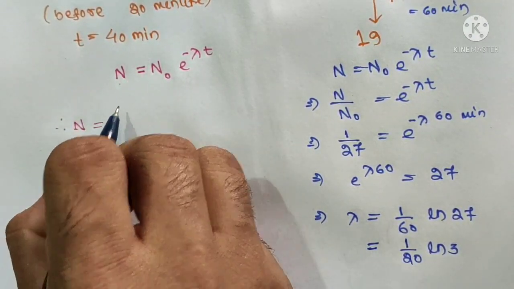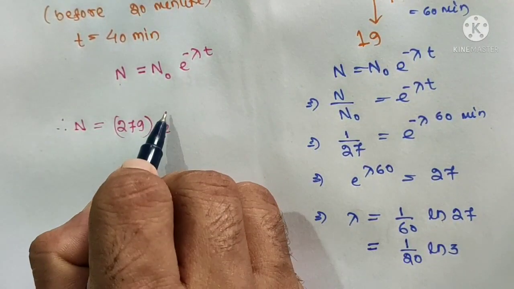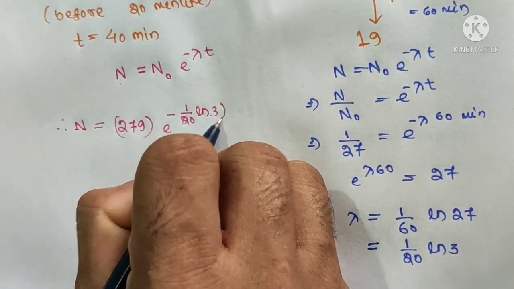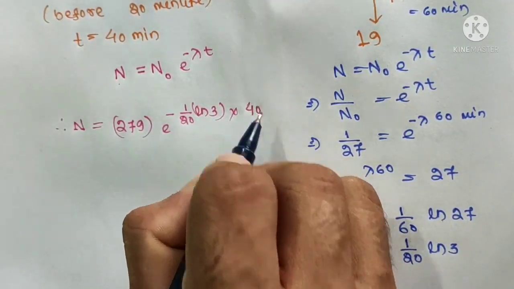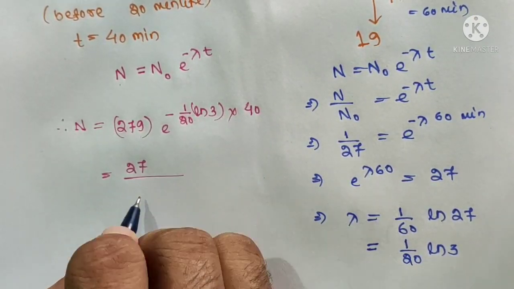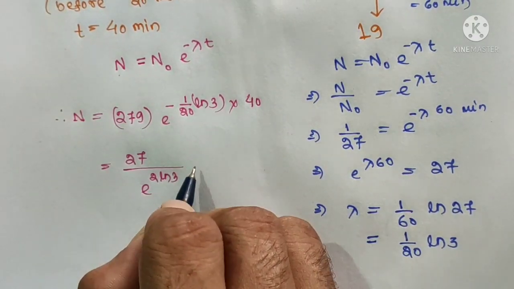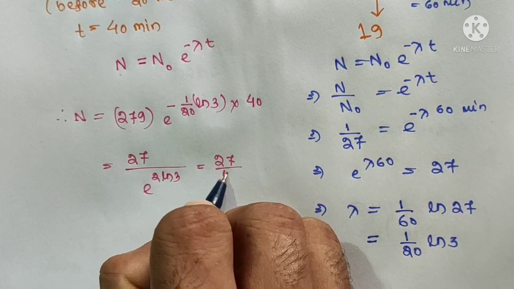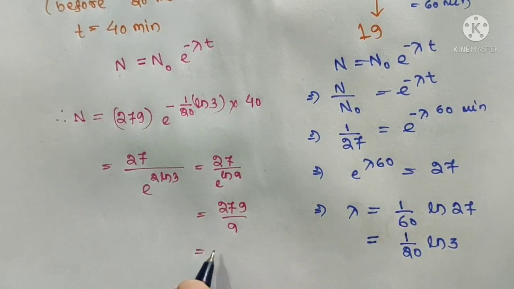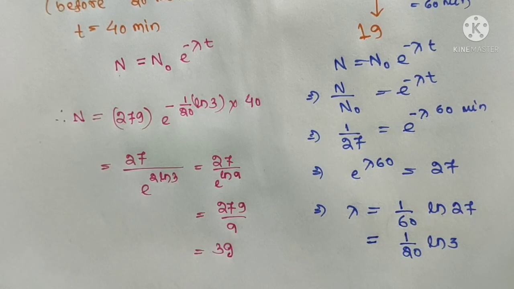So N naught is 27 gram, exponential minus lambda, 1 by 20 ln 3, into time 40 minutes. So this 20 and 40 will cancel, giving 2. So 27 by exponential 2 ln 3, and this is equal to 27 by exponential ln 9, and 27 gram by 9, that is equal to 3 gram. So 3 gram. So your correct option is option D.